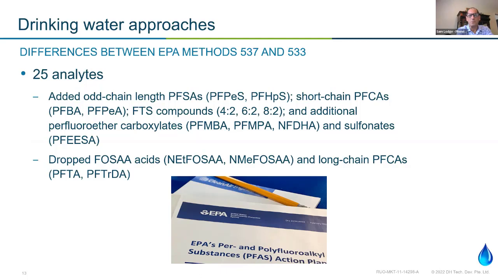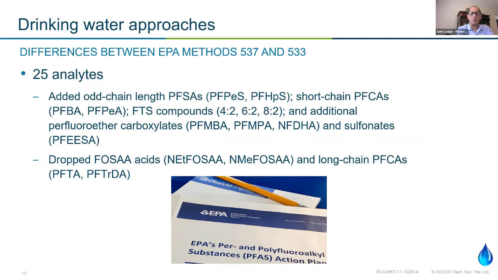The EPA has released a new draft method 1633 for non-drinking water matrices, which is not going to be discussed in detail during this presentation, but we certainly can go into this later on. But that also, again, for soils and other water sources and biota, now uses a WAX SPE as a standard extraction mechanism.